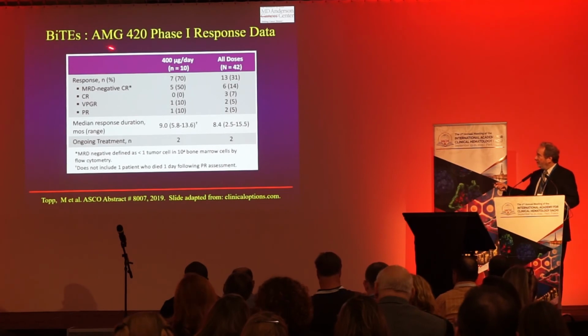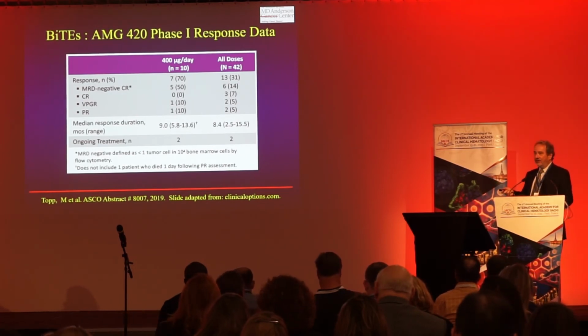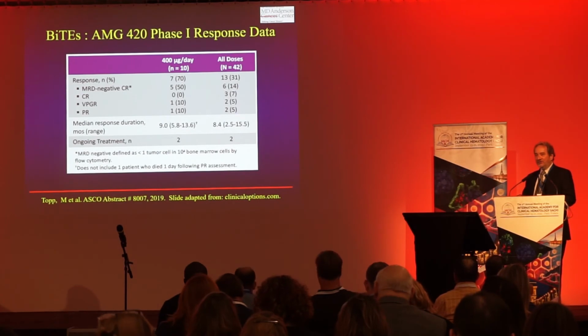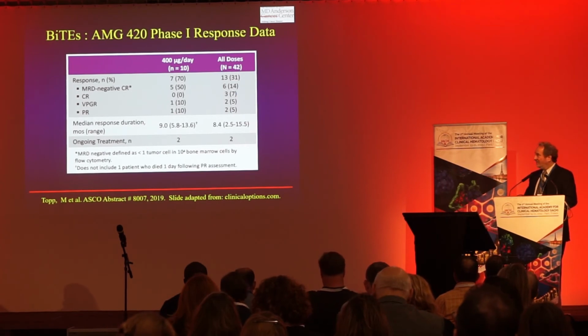So AMG 420, which is the first BiTE that we have reasonable data for in myeloma, goes after BCMA, or B-cell maturation antigen, which is one of the best, I think, targets for myeloma because it's relatively plasma cell specific.